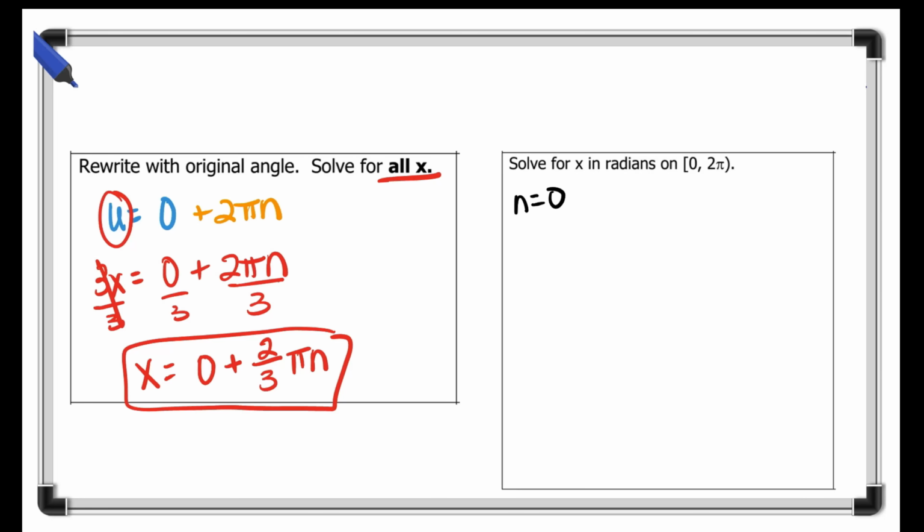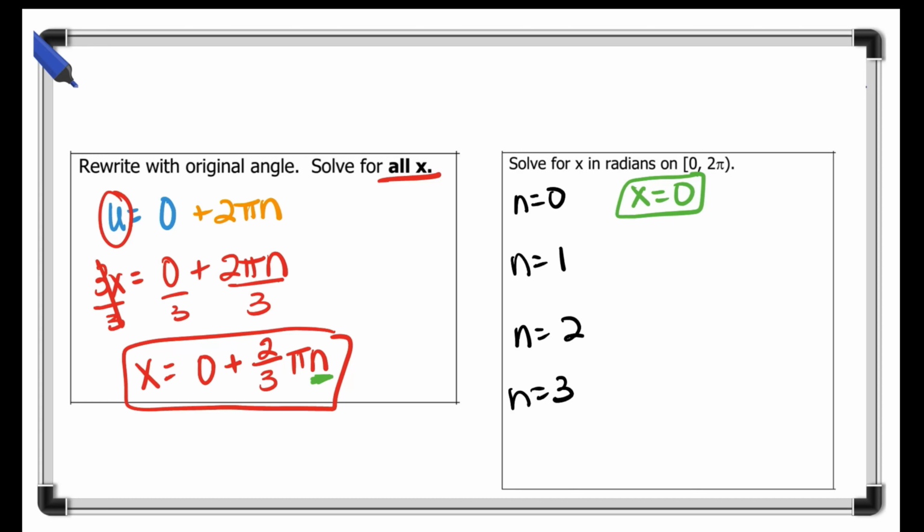Now you're going to, again, look at your integers: n equals 0, n equals 1, n equals 2. We could try n equals 3, and we'll see how far we can get. Plugging in those integers for n, when n is 0, that just gets me 0.